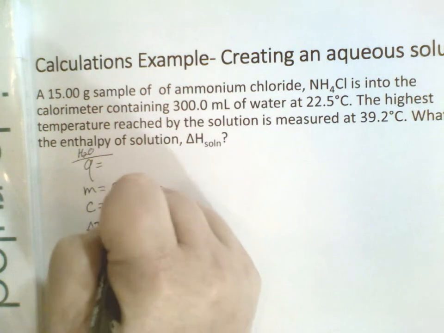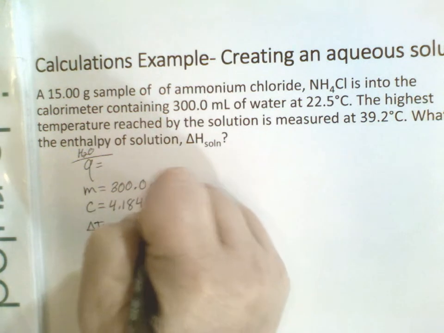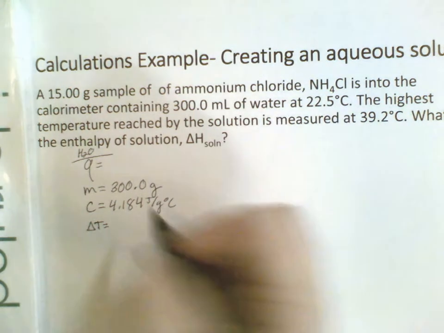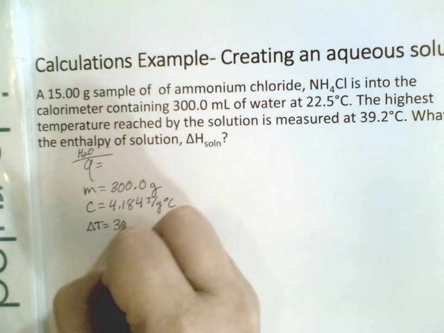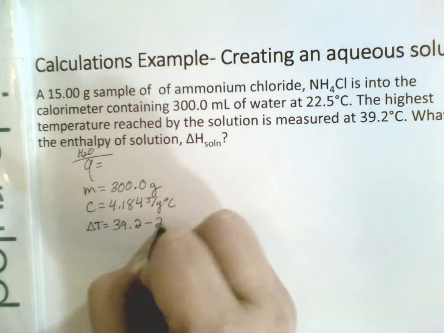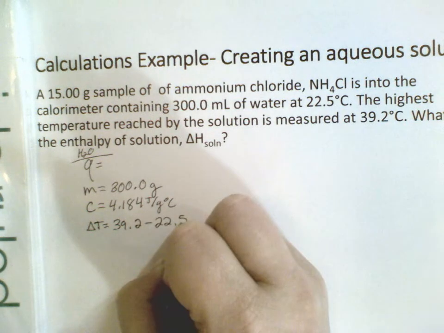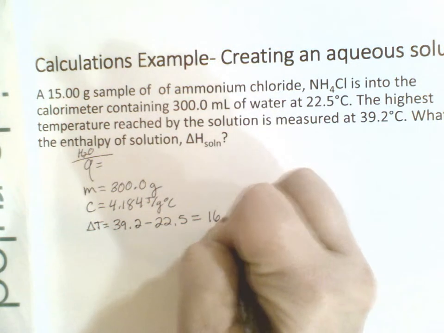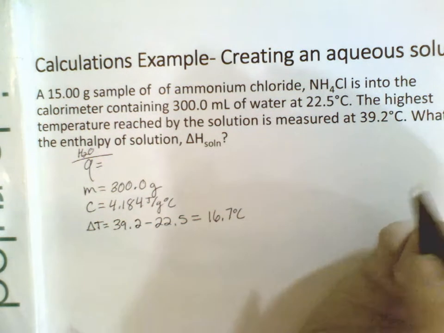We've got our specific heat of water as always, and we can find our change in temperature. So we've got 39.2 minus 22.5, and we get 16.7 degrees Celsius.